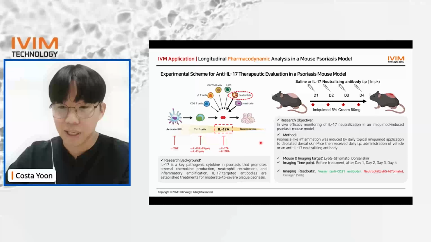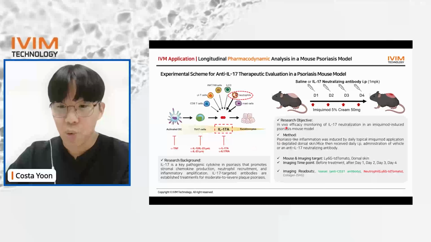This excessive inflammation leads to blood vessel dilation, tissue damage, and extracellular matrix remodeling. Therefore, IL-17 is considered a key driver of psoriasis, promoting immune cell infiltration, vascular changes, and tissue damage.